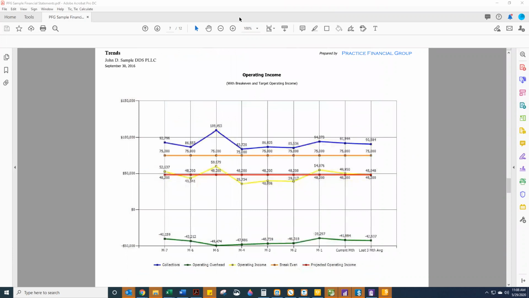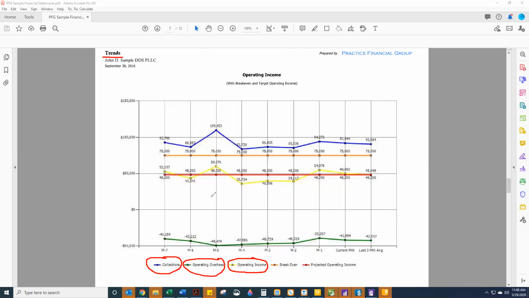The next two pages are what we call the trends graphs. We like to look at these on a consistent basis from PFG's perspective, because this allows us to get a good idea of what your income, what your collections, your overhead, and then of course your operating income, there's that really important number, looks like throughout the year, to try and project the rest of the year.